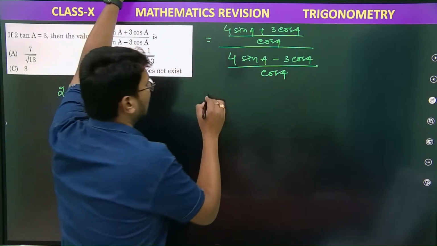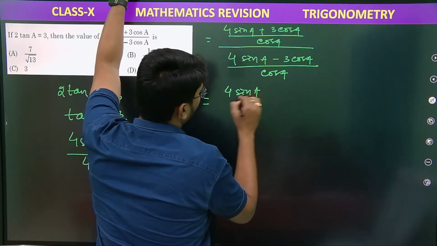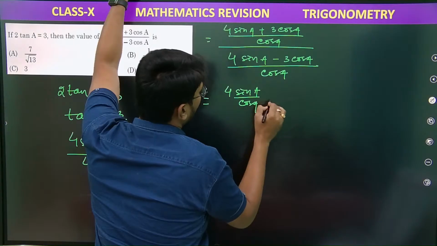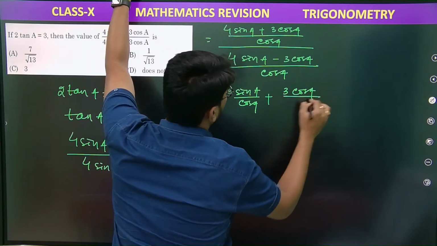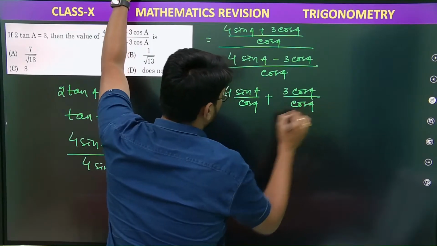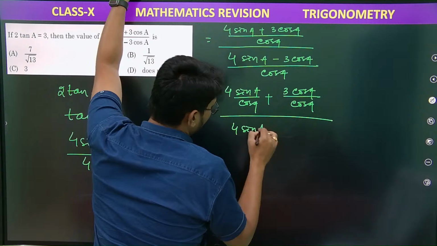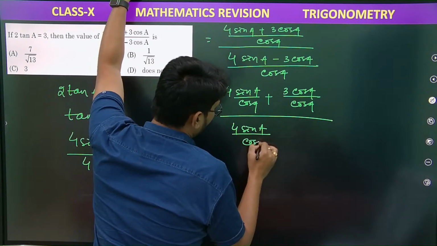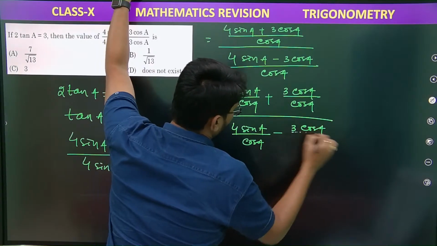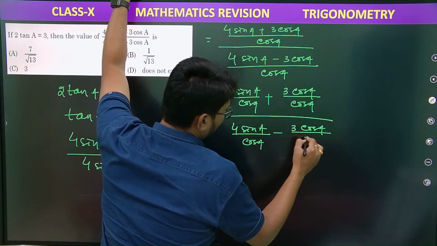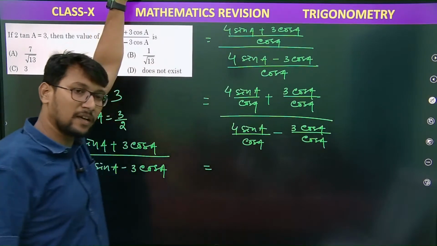Clear? Chalo, then write. What is that? 4 sin A by cos A plus 3 cos A divided by cos A, whole divided by 4 sin A by cos A minus 3 cos A by cos A. Sin by cos is what?